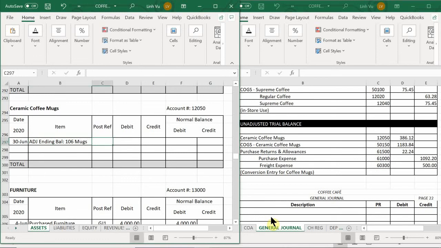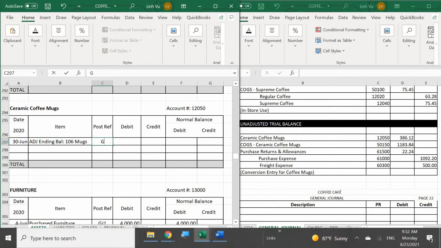Post reference. General journal number 21. Okay. My debit balance is 386 and 12 cents, which is going to be my debit balance. Okay.